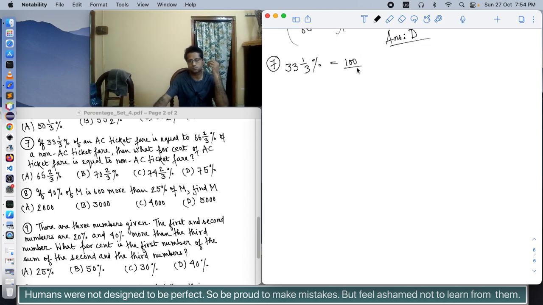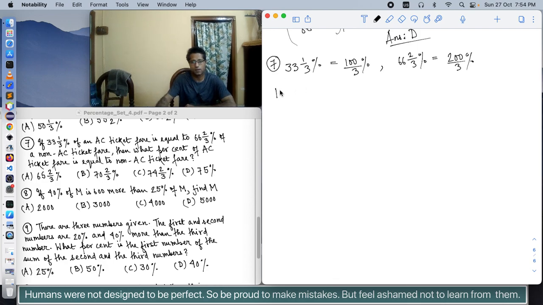33 and 1 by 3% means 100 by 3%, and 62 and 2/3% is equal to 200 by 3%. Okay, so now in the problem it is said that 33 and 1/3% of an AC ticket fare.